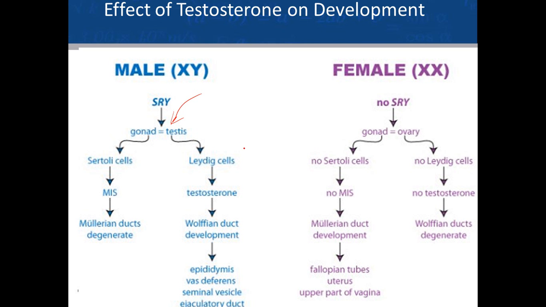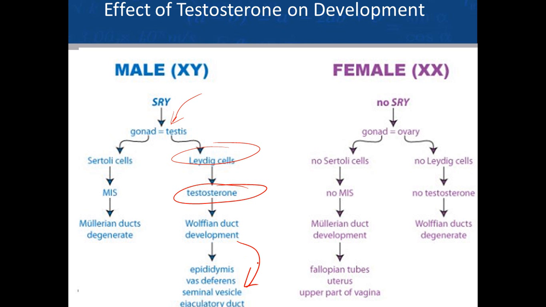There are the Leydig cells, and the Leydig cells produce a hormone, testosterone. Now, testosterone is going to interact with the Wolffian duct and produce all those male parts for the male reproductive system.